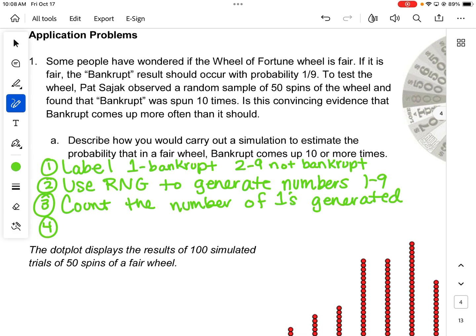It says the dot plot displays the results of 100 simulated trials of 50 spins. So that means I'm going to do 50 spins, because I'm just describing one of the trials. Then you repeat this trial 100 times, so repeat until 50 spins are simulated.